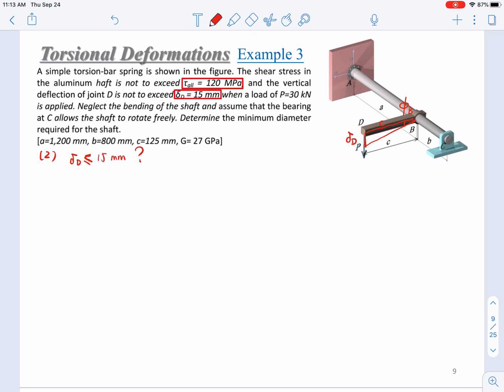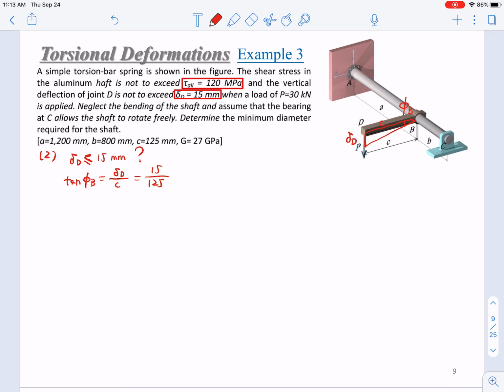So tangent phi B equals delta D over C, right? That is 15 over 125.